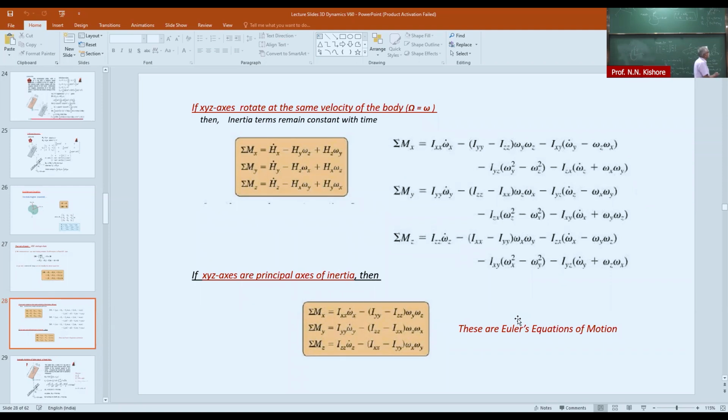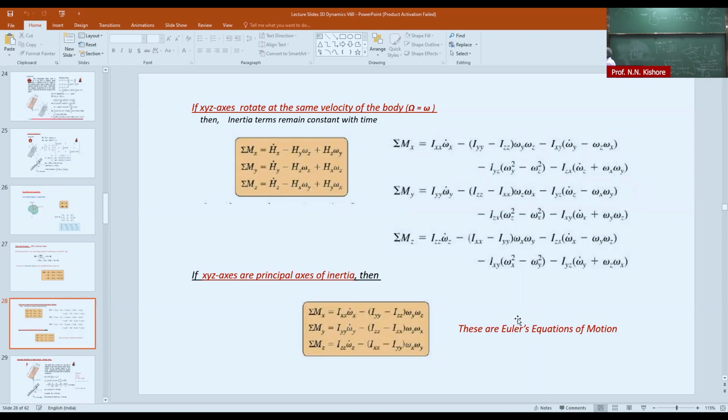So here, if you expand all these vectors, the angular momentum, because if you remember, it is a 3 by 3 matrix multiplied by the angular velocities, you put that into this one, and then you can simplify it. So this is what you get.